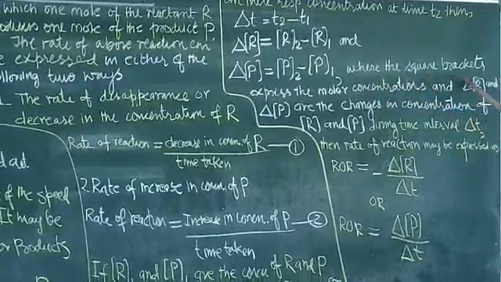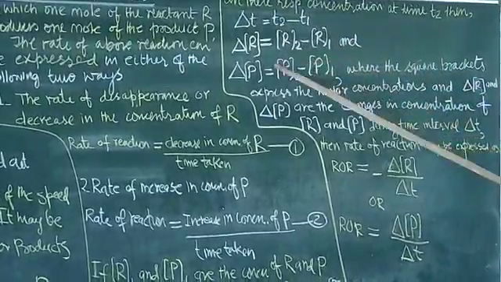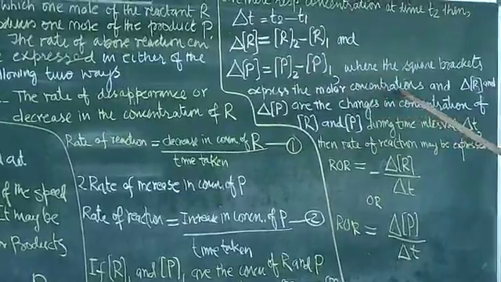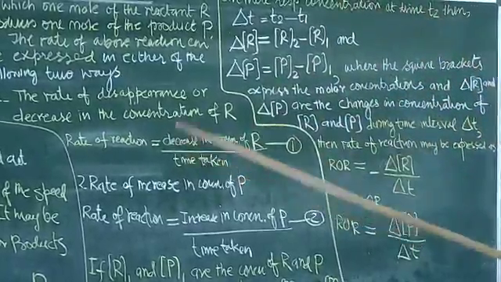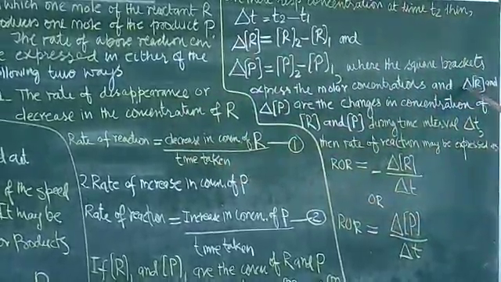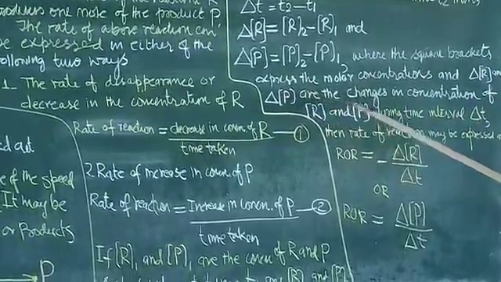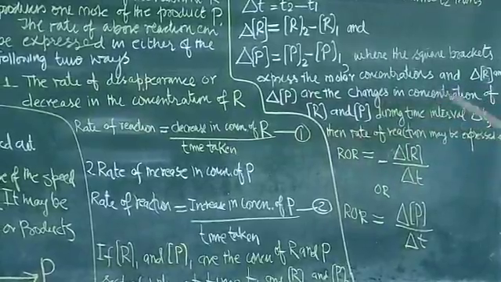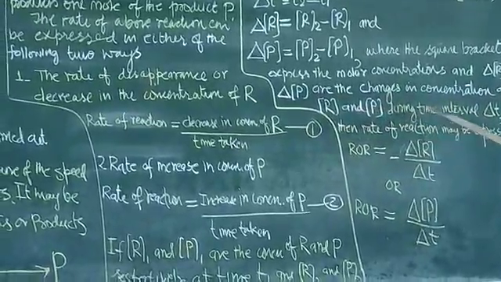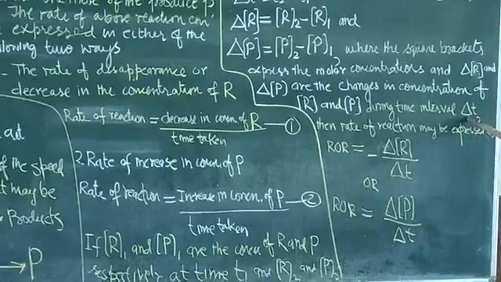Where the square brackets express the concentration in moles per liter, and delta R and delta P are the changes in concentration of R and P during the time interval delta T.